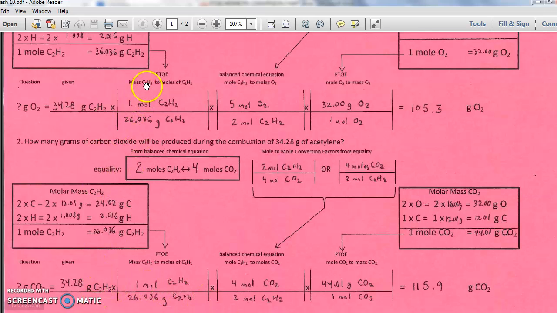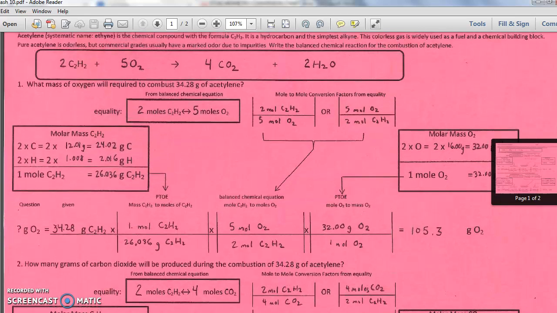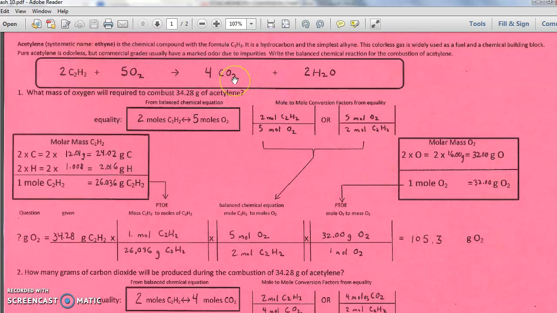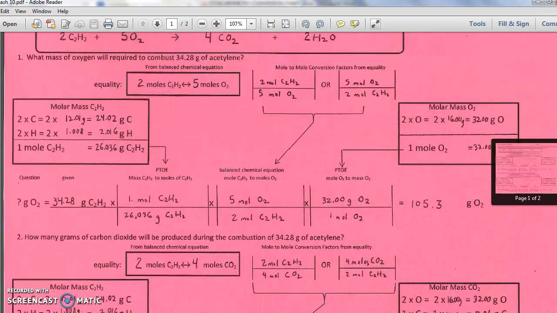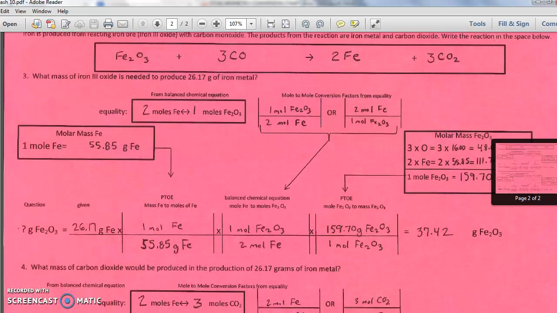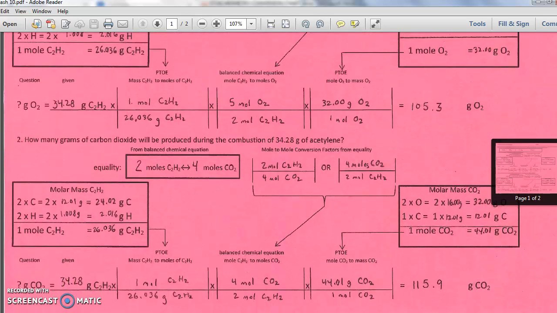We've got to go mass to moles. But now we're working with CO2. So we have to go up to the balanced chemical equation, and we will see that it's 4 moles of CO2 produced from every 2 moles of C2H2. 4 to 2. The CO2 goes on top.